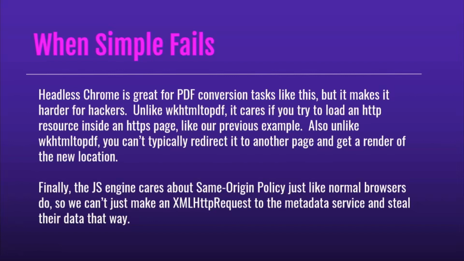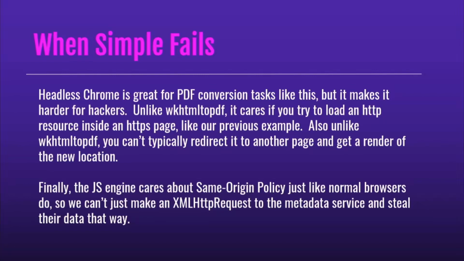When it comes to something like headless Chrome, you're really going up against a browser running in the cloud. There's no two ways about it. You're going to run up against things like same origin policy, which the JavaScript engine actually cares about. We've talked a lot about this metadata service, 169.254 et cetera. You will not be able to access that in headless Chrome because same origin policy is going to block it.